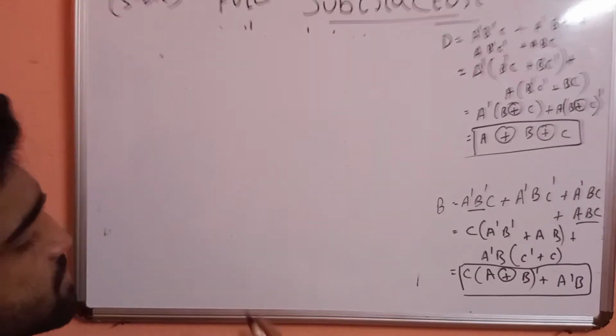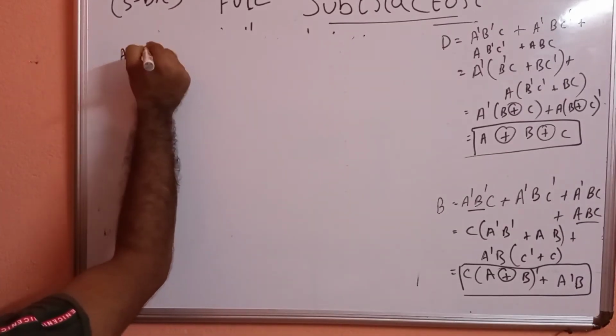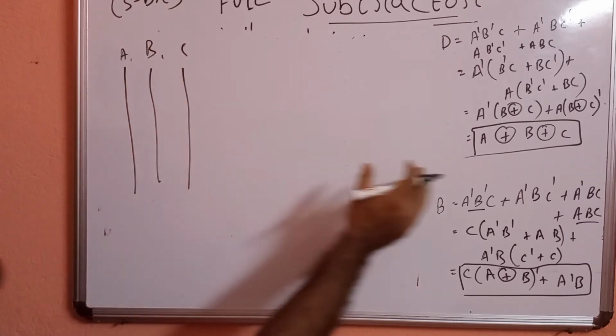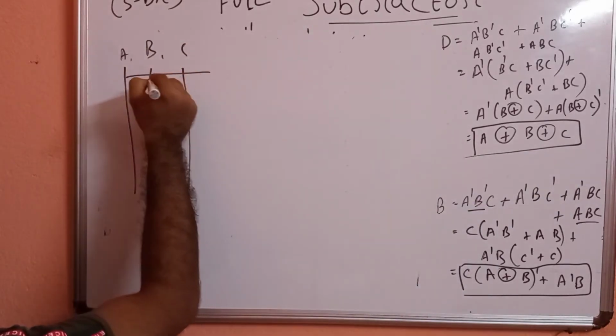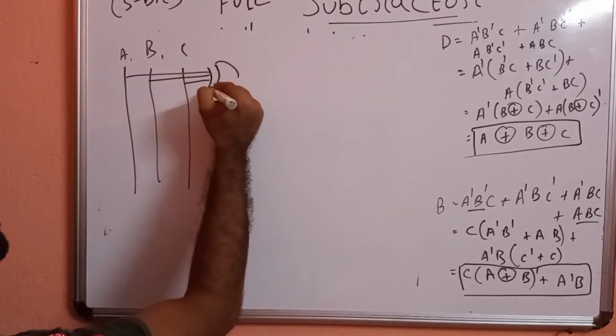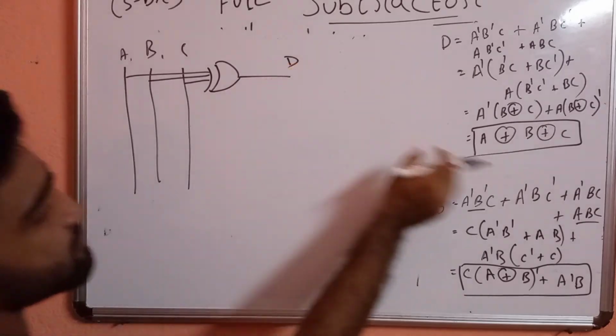The circuit diagram of this is very easy. A, B, C, we have 3 inputs. For this expression we will take each of the inputs and do an XOR of them. This is my difference.